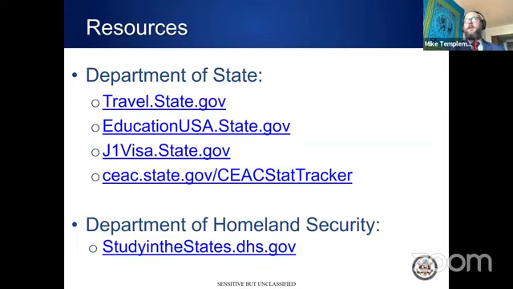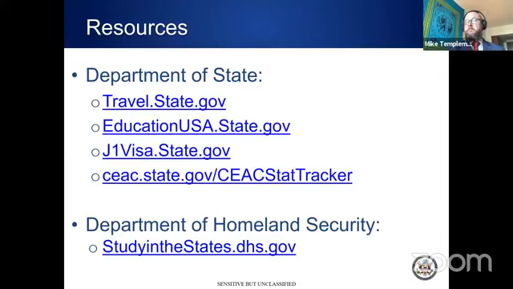One of the number one most important things that US consulates are doing in the issuance of visas, in helping people travel to the United States, is also protecting national security interests.